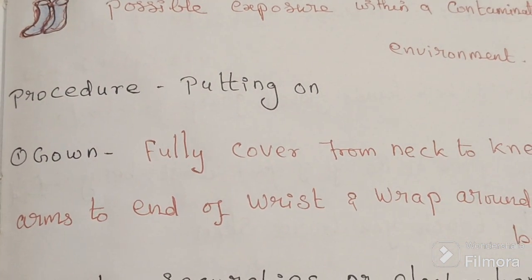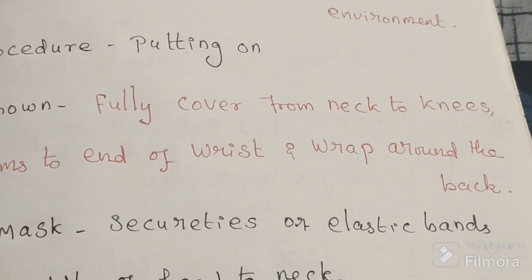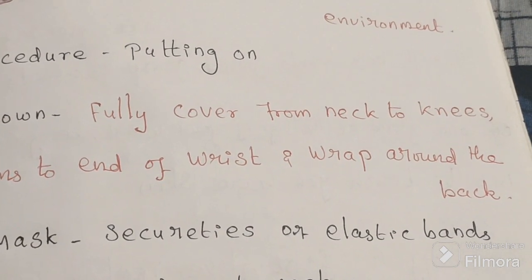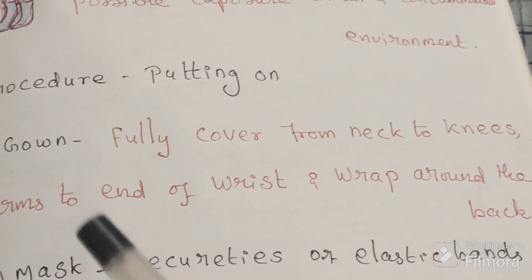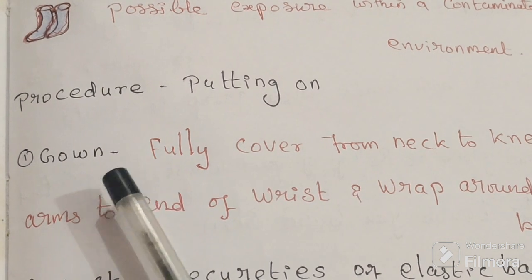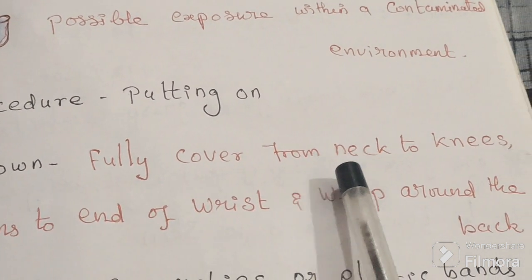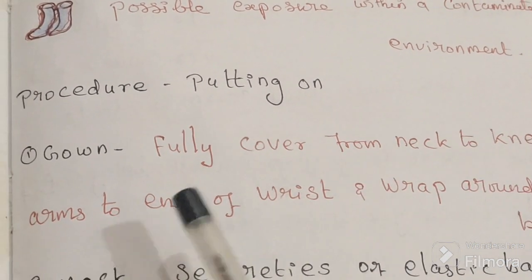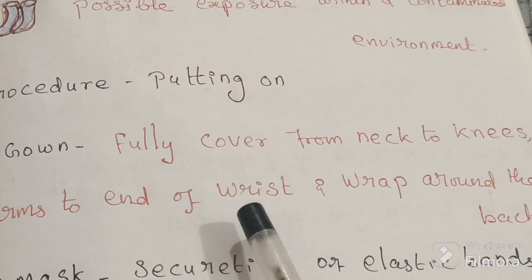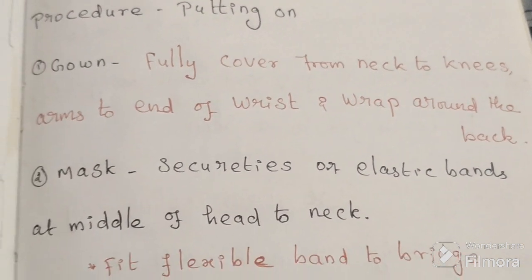Next procedure, how to wear. First one is the gown, fully covering from neck to knees, arms to the end of the wrist, and wrapped around at the back.